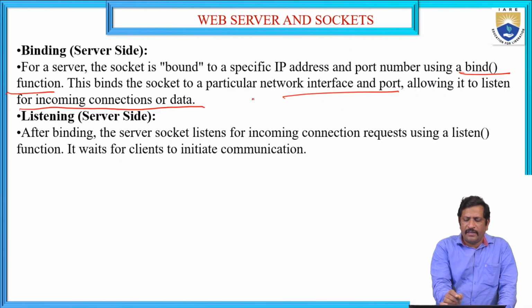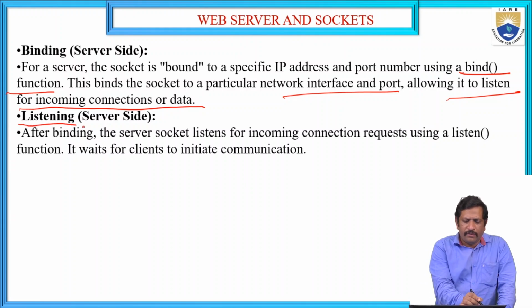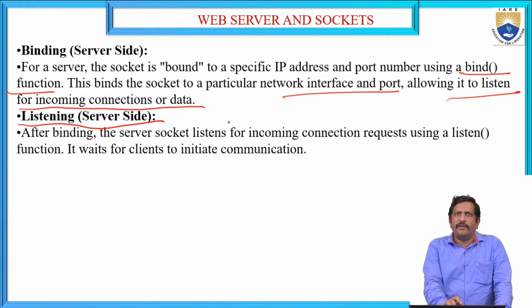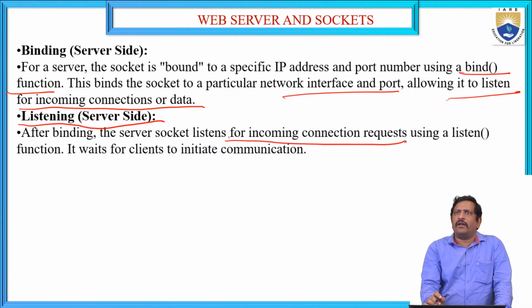Here, the server is listening for incoming connections and data. After binding the IP address and the port number, the server socket listens for incoming connections by using the listen method.